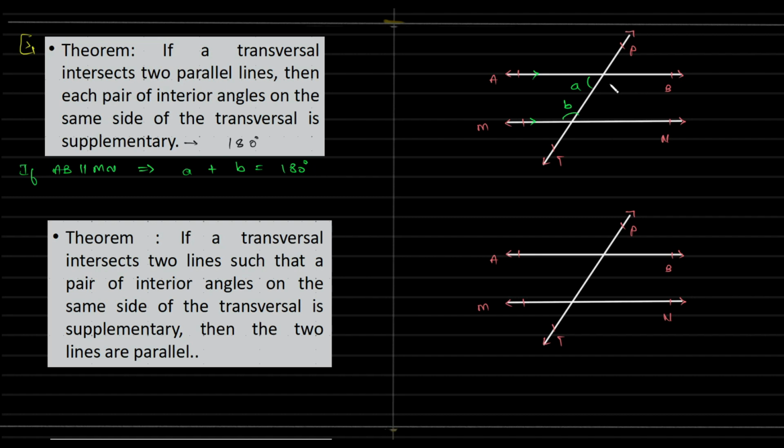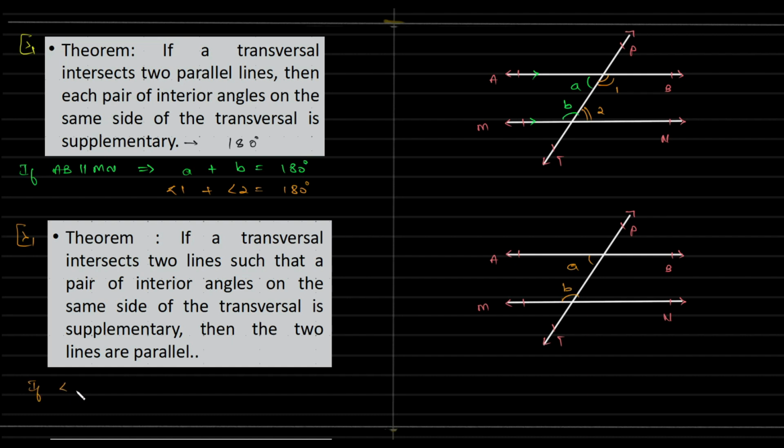Also angle 1 and angle 2 will add up to 180 degrees. Okay. Now, the converse is that say we have A and B adding up to 180.